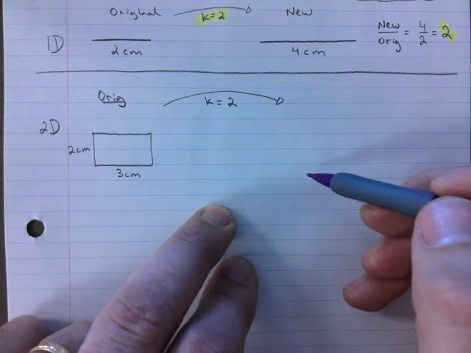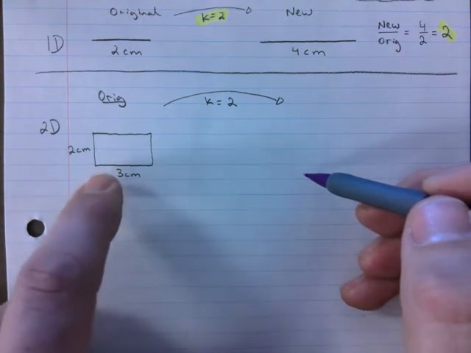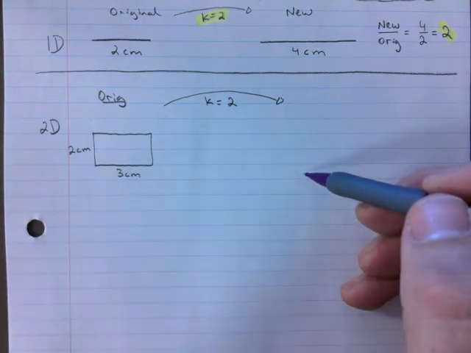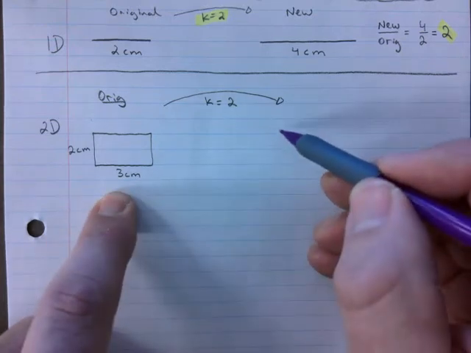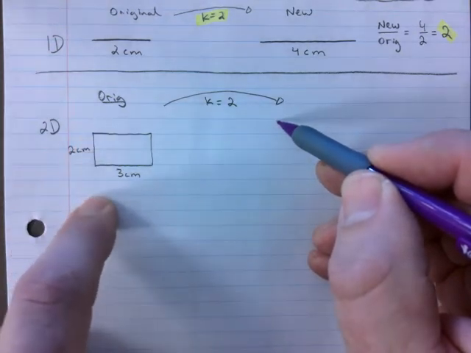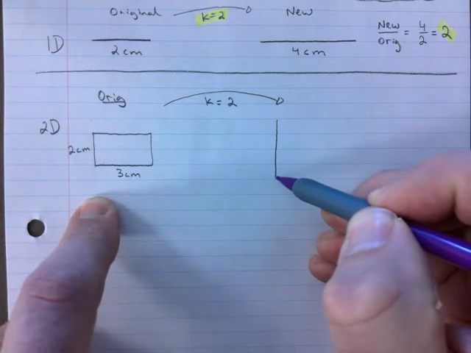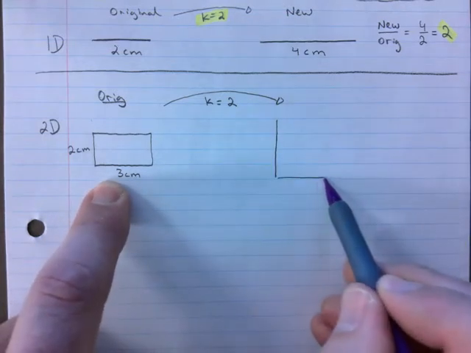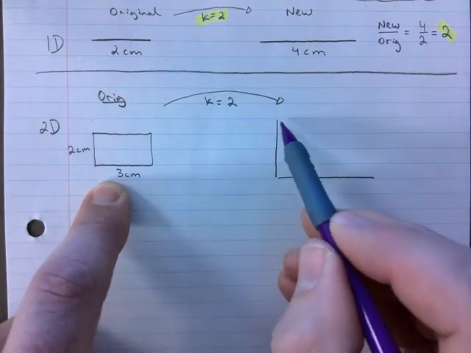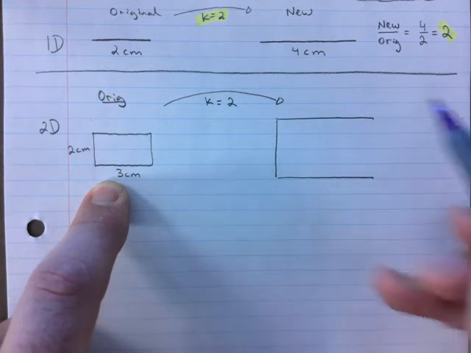Well, every dimension on the original is going to be affected by a factor of 2 in this case. So, right, like this, the width here will be twice as wide, and the length will also be twice as wide. So leave a little bit of room there, right?